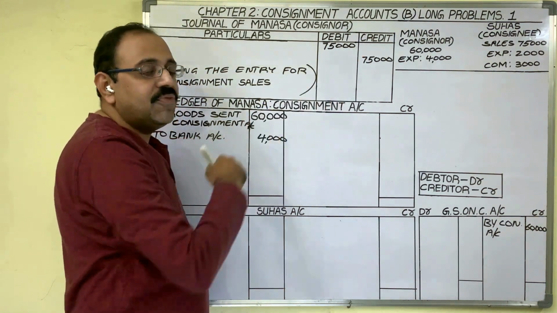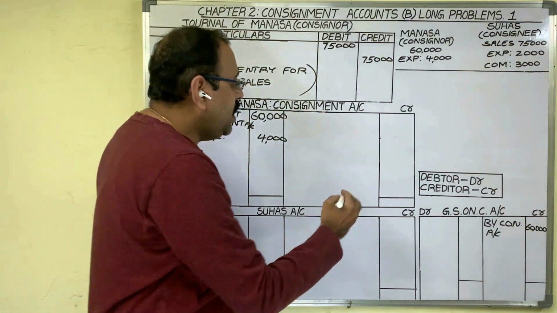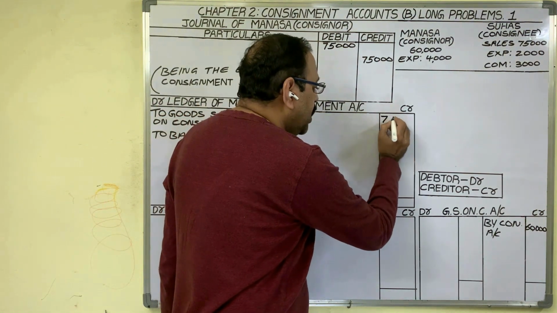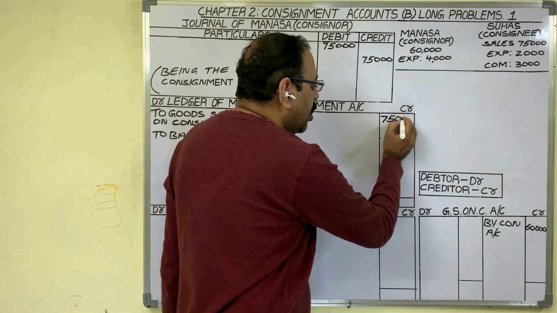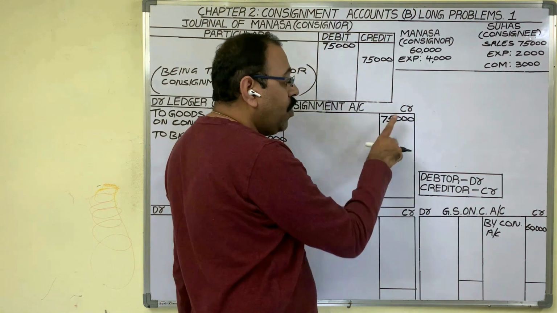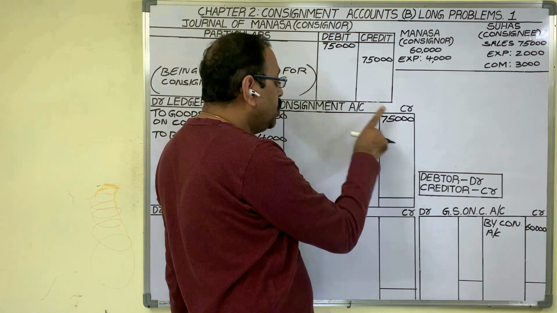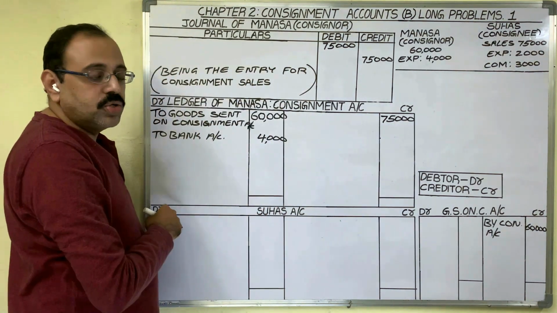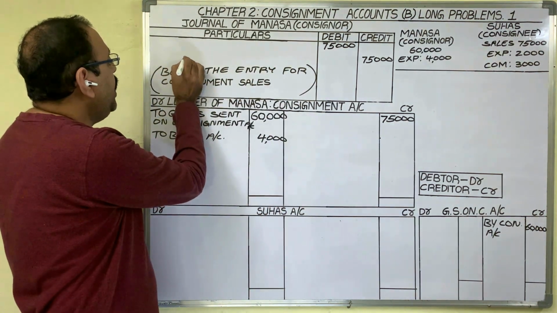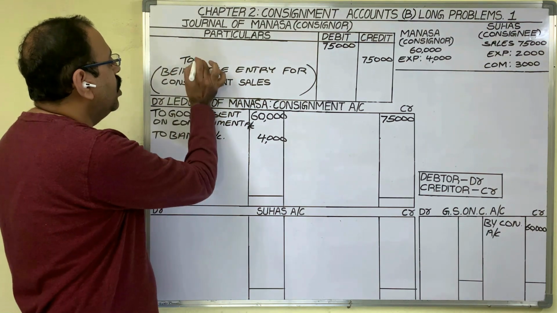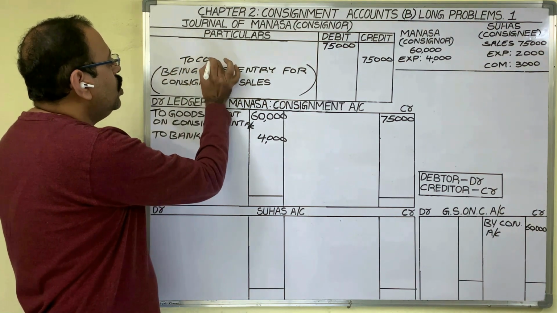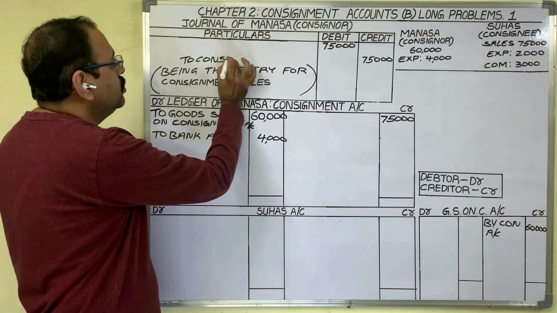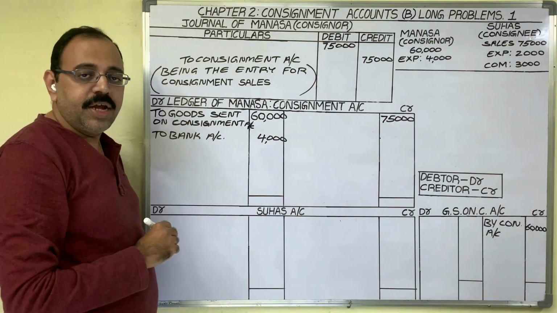Sales amount is 75,000 rupees. 75,000 is to be credited to consignment account. If you want to credit 75,000 to consignment account, while writing the journal entry also, you should credit consignment account. Which account is to be debited?